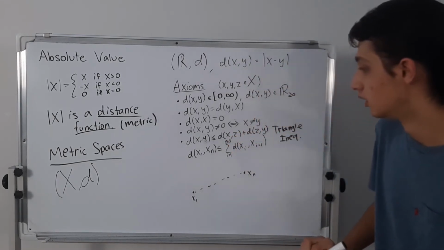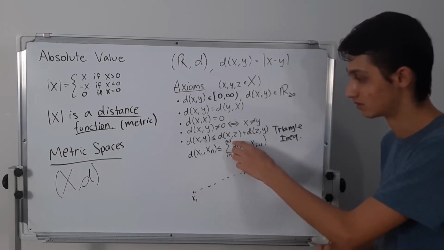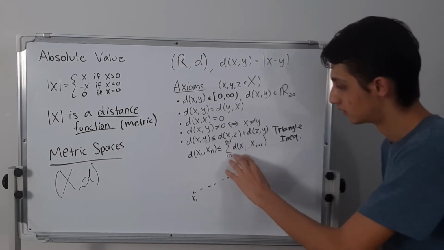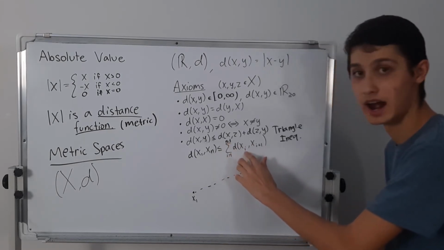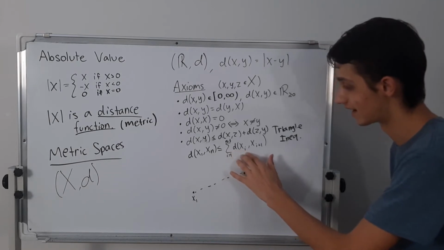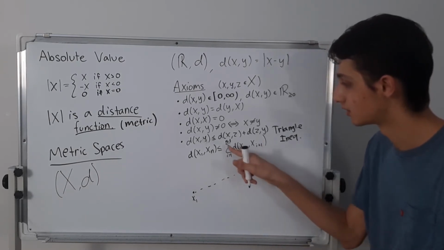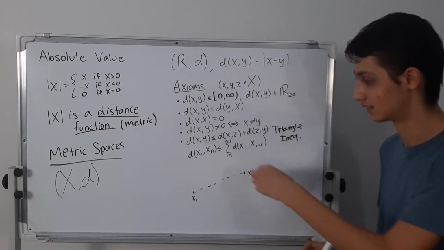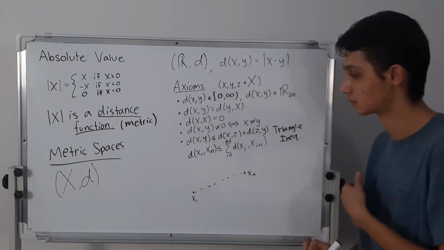Why does it not end at n, just n right here? Because if you plugged in n for i, you would have the distance between xn and x_(n+1). Well, we don't have an x_(n+1), so we have to stop at the distance from x_(n-1) to xn. So that's just the explanation.